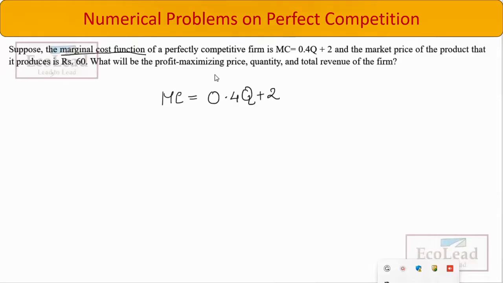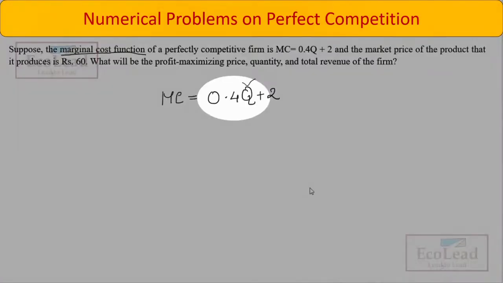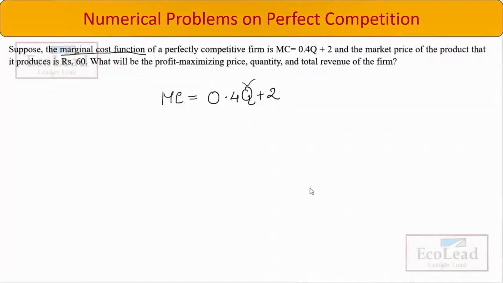In the previous problem, we had only one term which was associated with the marginal cost, and that term was associated with the level of output. But here we have two terms in the marginal cost function.